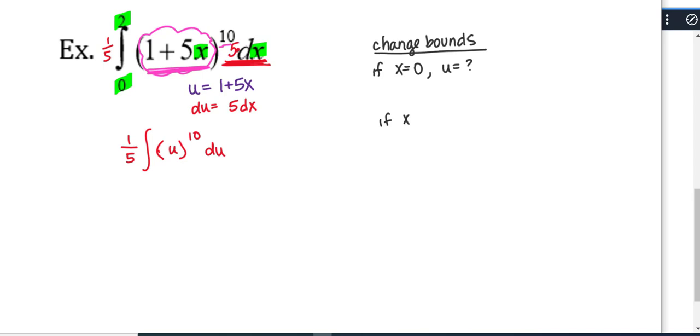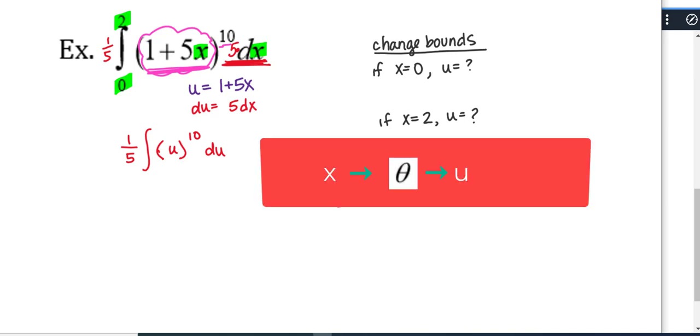And also, if x equals 2, which is my upper bound, what is that u value? The reason I'm being so specific about it right now is that we're going to have problems that maybe start with x, and we're going to insert trig later on down the road, and we'll go to thetas. And then maybe we'll have to use a u substitution from there.